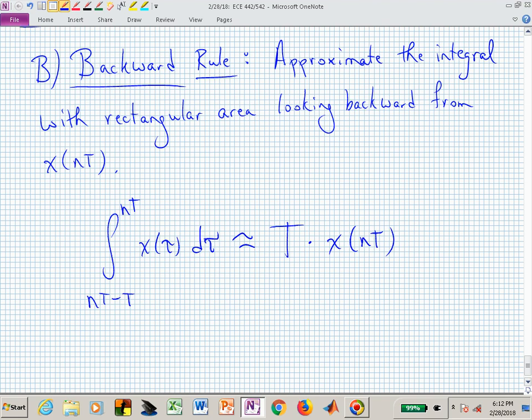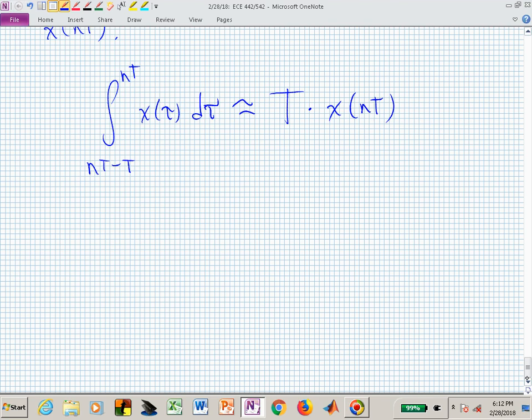The height of that rectangle is determined by x at the present time nT. So that now y of nT is approximately y of nT minus T plus T x of nT.